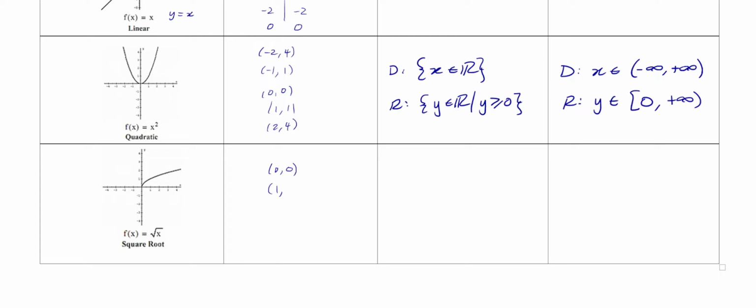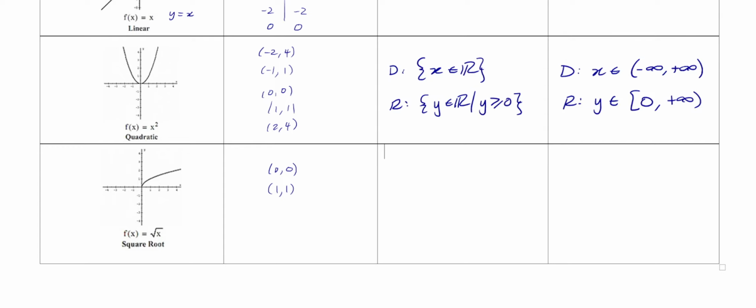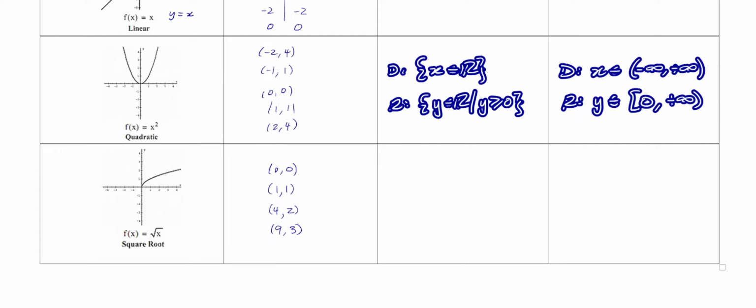When x is 1, the square root of 1 is 1. Now, I'm not going to choose 2 because the square root of 2 is an irrational number, which means that it is an infinite and non-repeating decimal. So instead, I'm going to choose x is 4 because the square root of 4 is 2. And then the next one I'll say x is 9 and the square root of 9 is 3. Take a look at the graph, see if you can come up with your own domain and range.